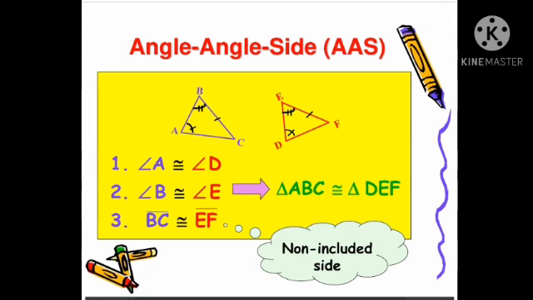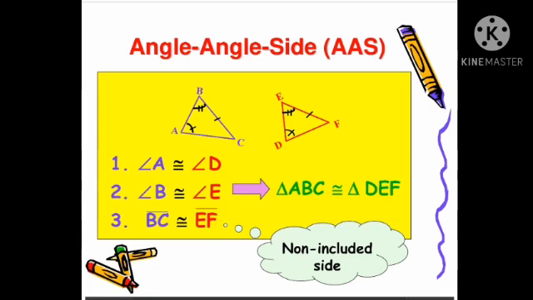Next rule, angle, angle, side, short form AAS. If two angles and the non-included side of a triangle are equal to the corresponding two angles and the non-included side of another triangle, then the triangles are congruent. Observe the two triangles.